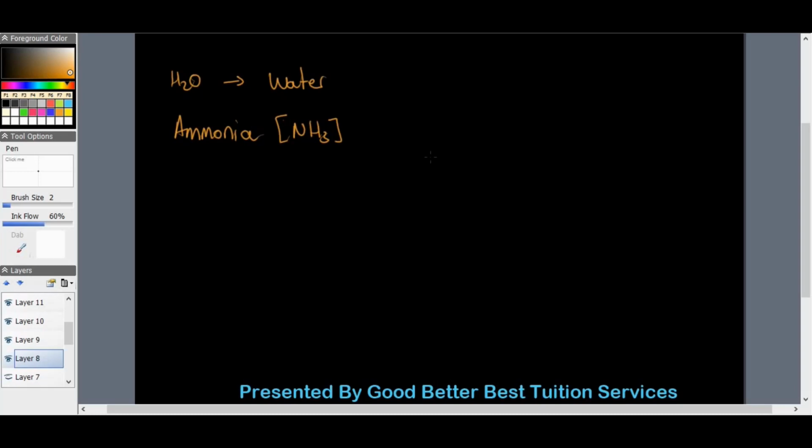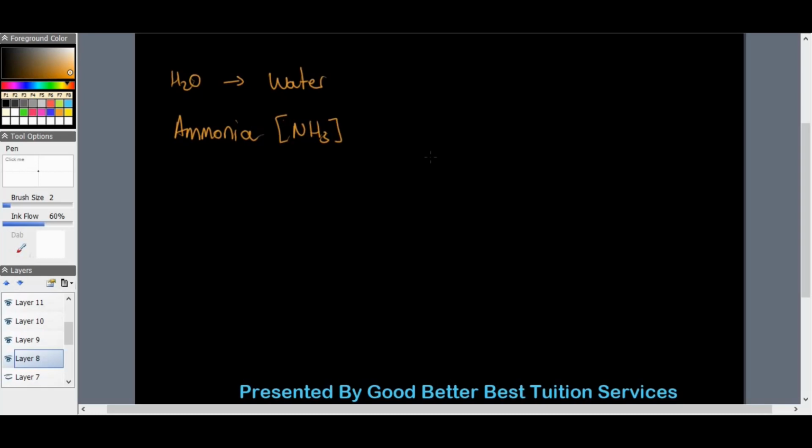Another example, if we have sodium carbonate. Sodium carbonate is its scientific or chemical name, but it is more commonly known in an average household as washing soda. If we take another one, just quickly, we have sodium bicarbonate.